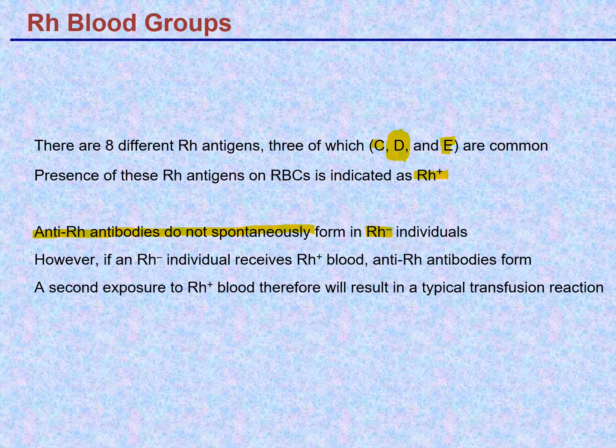So if an Rh negative individual gets Rh positive blood, you will get anti-Rh antibodies, anti-big D. And the second exposure will therefore result in a transfusion reaction where the antibody binds onto the transfused cells and causes hemolysis.